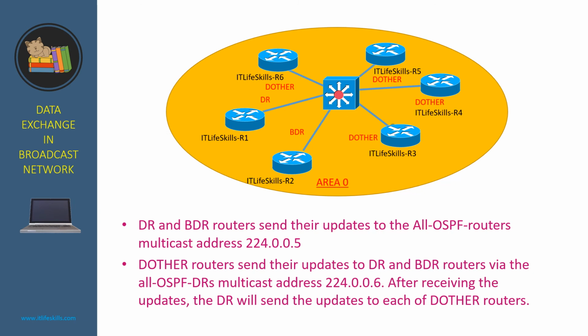After receiving the update, the DR will send the updates to each of the other routers. For example, if IT Life Skill Router 3 has an update, it will send the update to the multicast address 224.0.0.6. The update will then be forwarded to both DR and BDR routers. After receiving the update, the IT Life Skill Router 1, which is the DR, will send the update to each of the other routers like this.